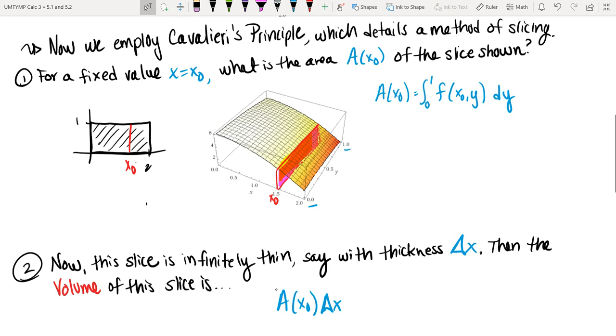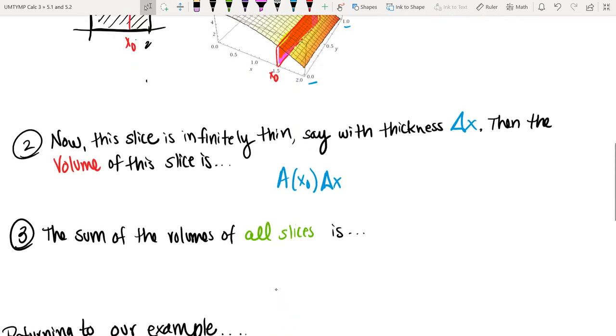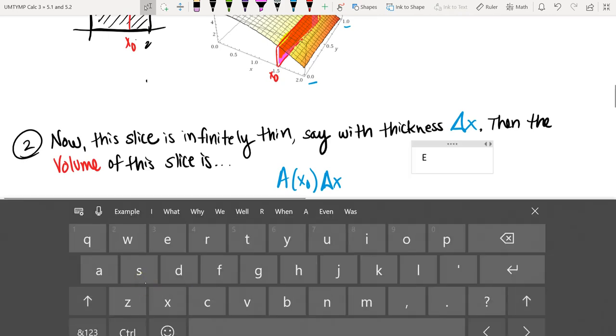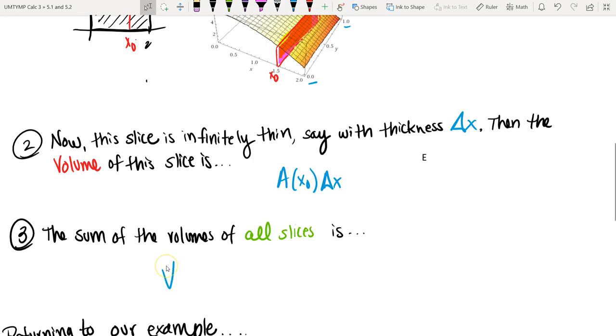Now if I sum over all possible slices, the volume is the integral of A of x dx, where the slices go from 0 to 2 for x.